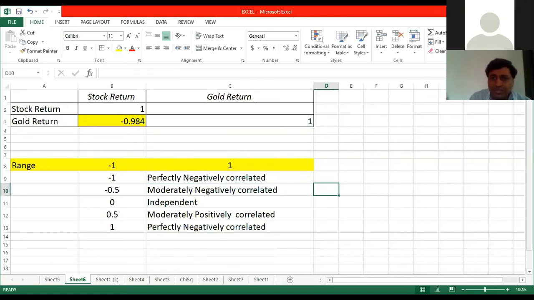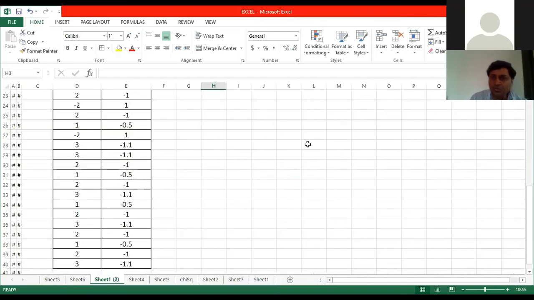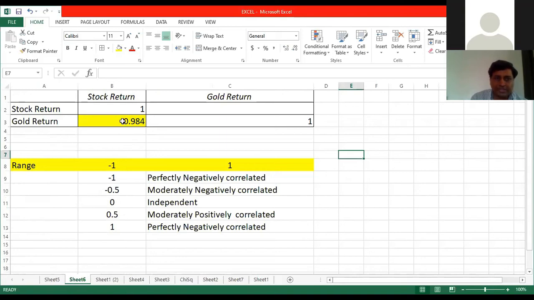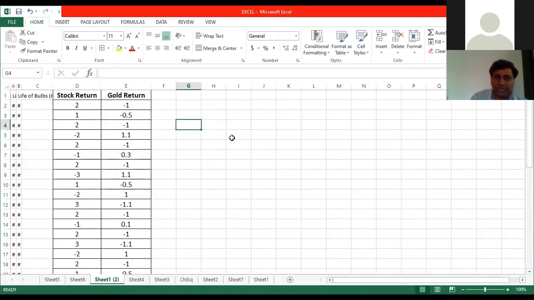So what is the significance of correlation, where is it actually used? If I ask any one of you, can you throw some light: if gold and stock returns are given like this, and their correlation coefficient is like this, what can you make out, and where can you use this information, how is this analysis useful?